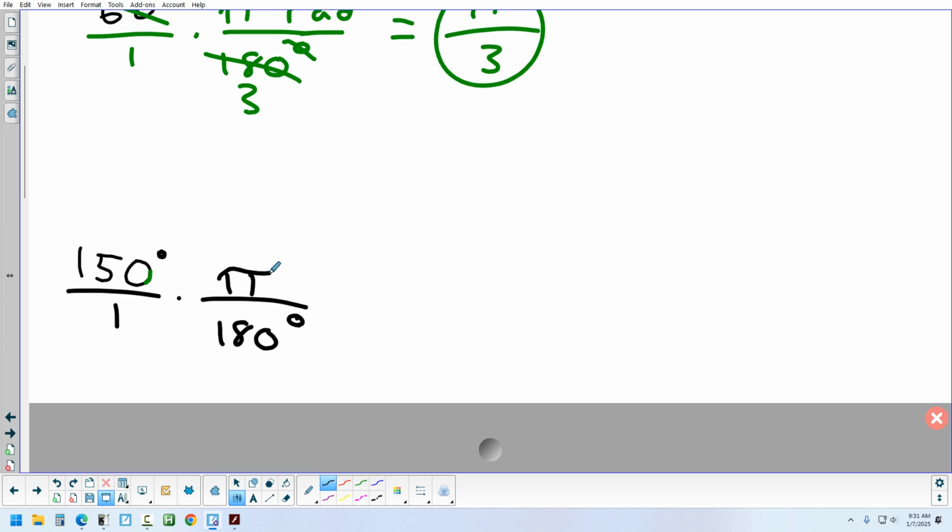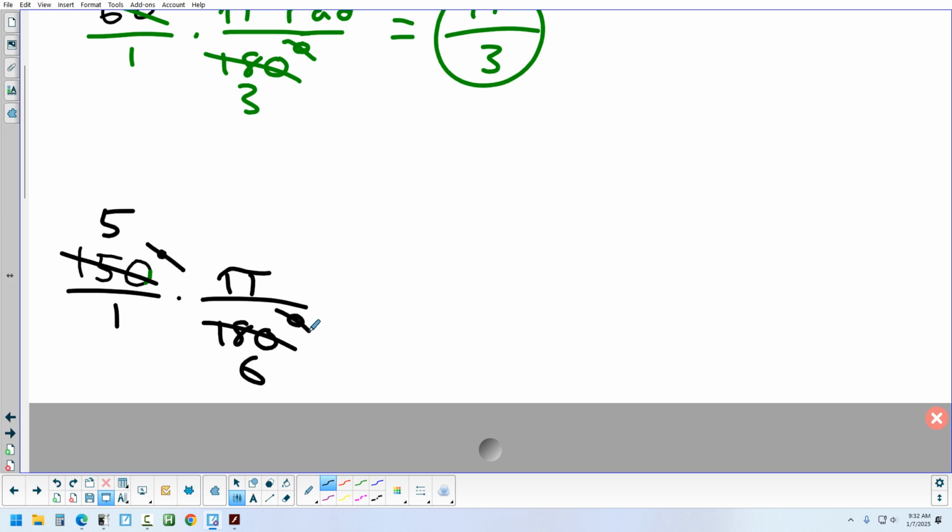What number goes into 150 and 180? 30. How many times does 30 go into 150? 5. And into 180? 6. So you're left with 5.